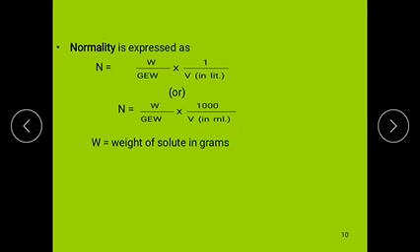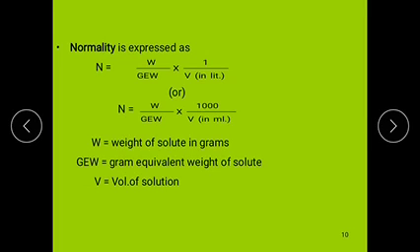Here W is the weight of the solute in grams, GeW is the gram equivalent weight of the solute, and V is the volume of the solution. Capital N is called normality.